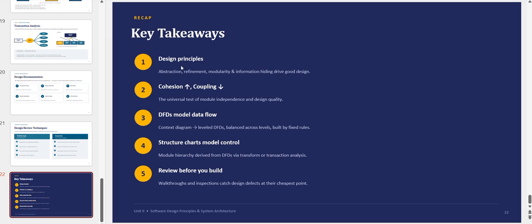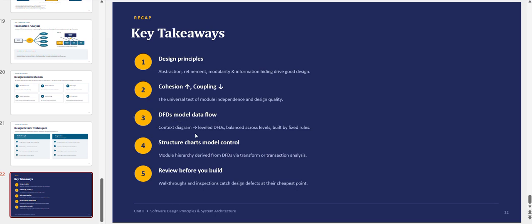Now, key takeaways, we will see a recap of all these. First one is design principles. In this, abstraction, refinement, modularity, and information hiding drive good design. Second one is cohesion increases and coupling decreases, the universal test of module independence and design quality. Third one is DFDs model data flow.